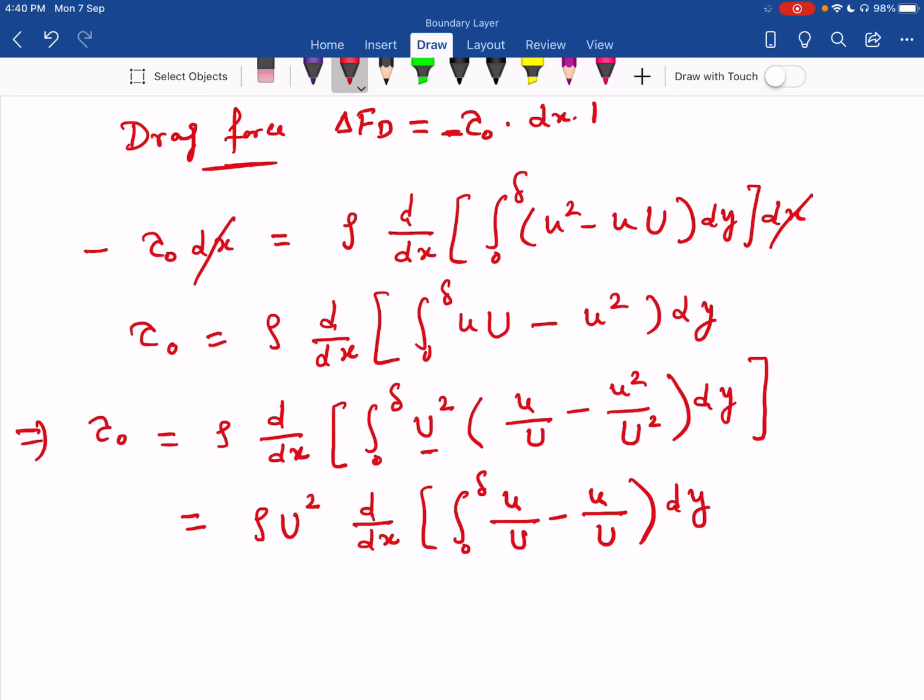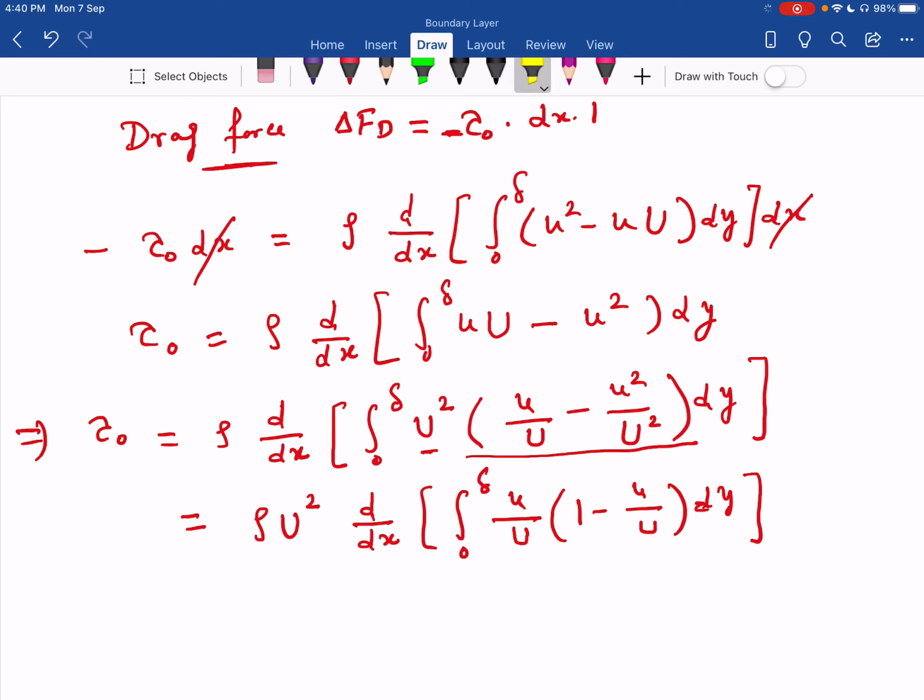Sorry, I write it again. So here it comes out to be rho U square d by dx from 0 to delta of small u by capital U, which you can take out from this bracket, and within the bracket I have 1 minus small u by capital U, into dy.